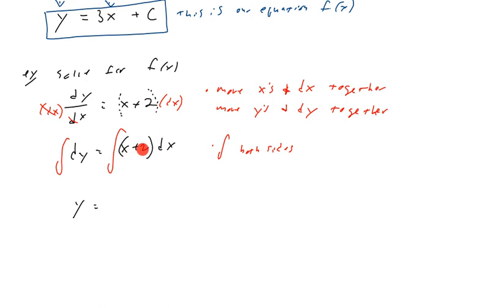Thank you, Perry. Very good. x squared over 2, because we bring the x back and then we have to divide by 2, plus 2x plus c. Don't forget your c, everybody. Make sure you're adding your c because we can have lots of different equations. And that's it. There is your equation of f of x.